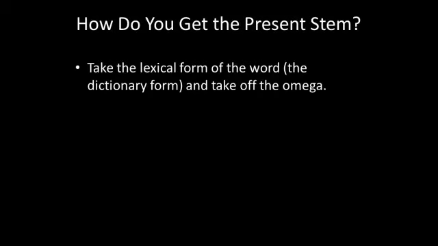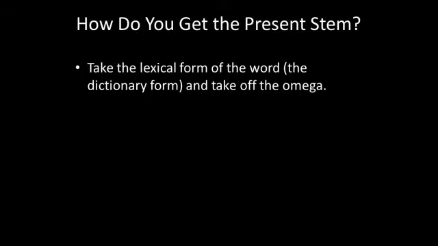So I told you a moment ago what you do is you take the present stem and you add the number one endings. You may have wondered, well, how do you get the present stem? Well, it's not so hard. What you do is you take the lexical form of the word. That means the dictionary form.